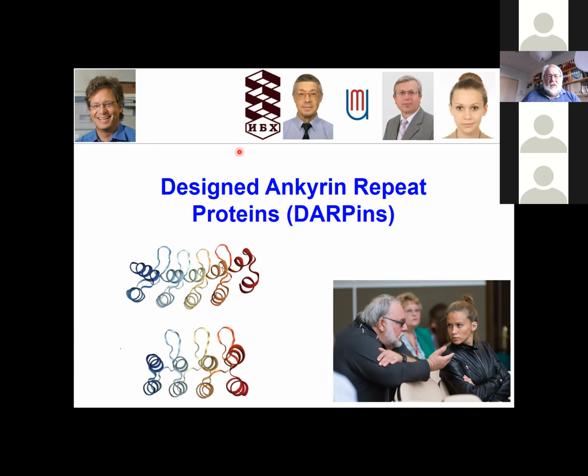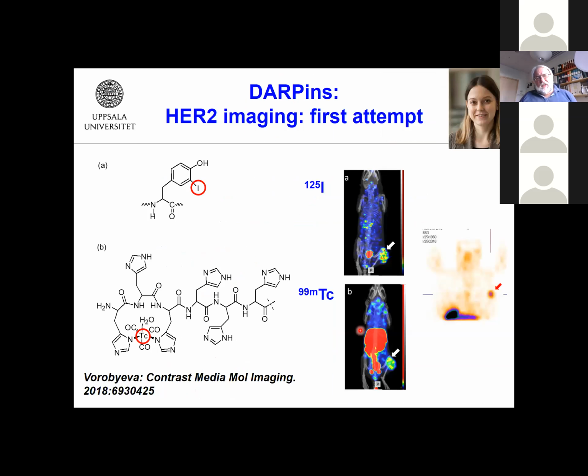And the DARPin project was started by Academician Dev from Ovchinnikov Institute in Moscow and Professor Chernov from Tomsk, and Olga Bragina was again the clinical researcher doing the clinical imaging. Still, we had to learn how to label.